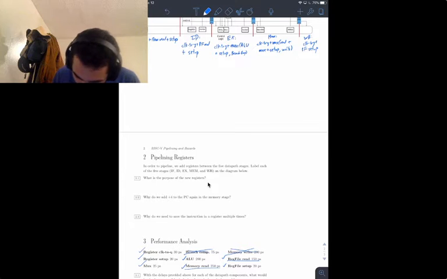Okay, so I couldn't do this on the same page. Clock to queue is 30 plus a memory read, which is 250, plus the setup time, which is 20. So this equals 300 total. The instruction decode stage is clock to queue, which is another 30, plus a register file read, which is 150, plus the setup time, which is 20.